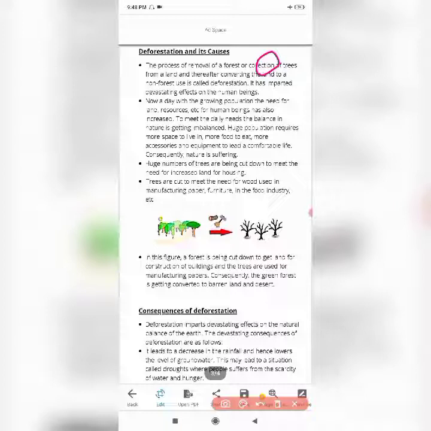It has a drastic effect on human beings. So what benefits I have noted for you, you have to understand what the hazards of deforestation are.